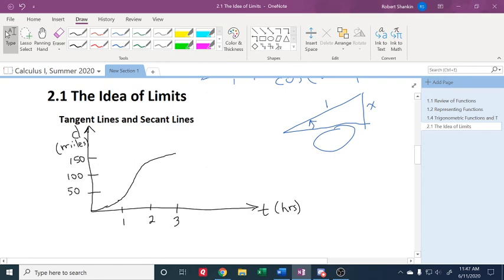Give me an approximation of when this driver is driving fastest. I'm going to give you just a quick 30 or 40 seconds, and then I'll ask a group or two. When is this person driving fastest?